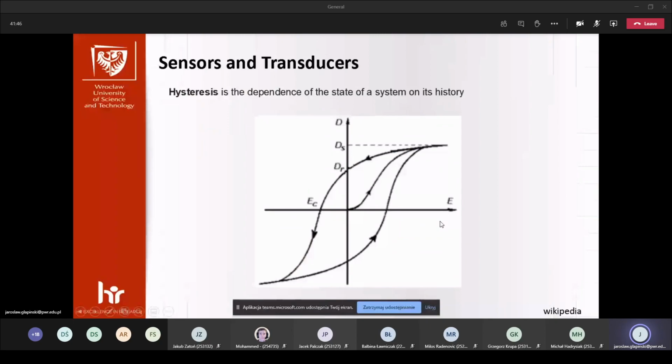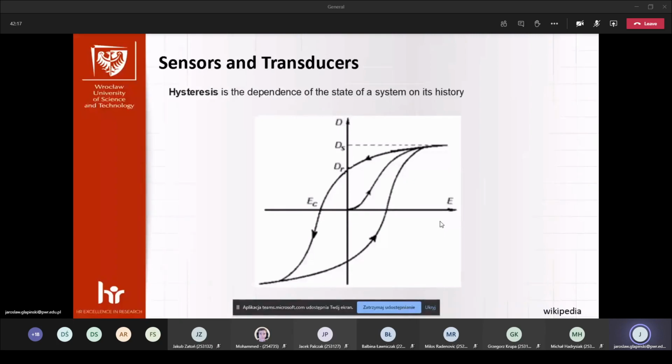Okay. The next problem is the hysteresis of the measurement, because in our real world we have some problems: the physical and chemical reactions are not stable. If we measure something, we generally change the process.